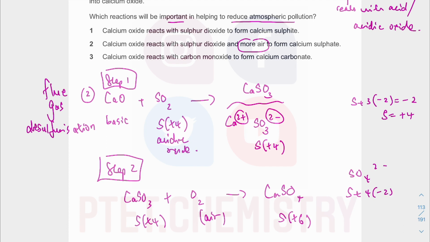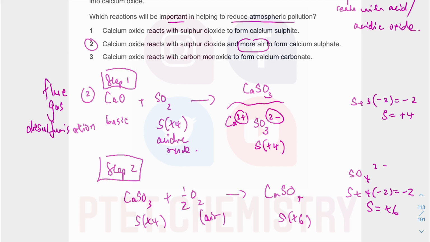Sulfur plus 4, minus 2 gives minus 2. In reality, you will know this oxidation step by heart, because you have learned the difference between SO2 and SO3 in the general periodicity of the oxides of period 3. My equation is not balanced. Now that it's balanced, all right? So 2 is correct. It will help to remove the SO2 and give you a cleaner solid.